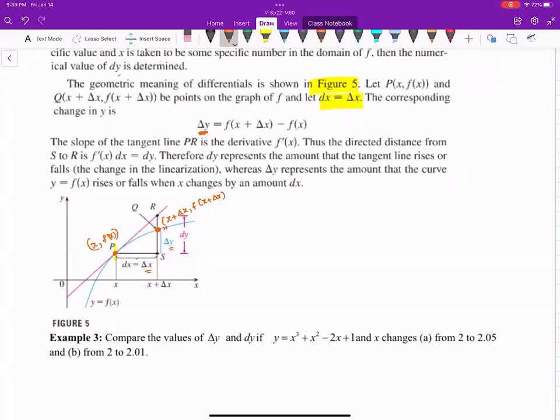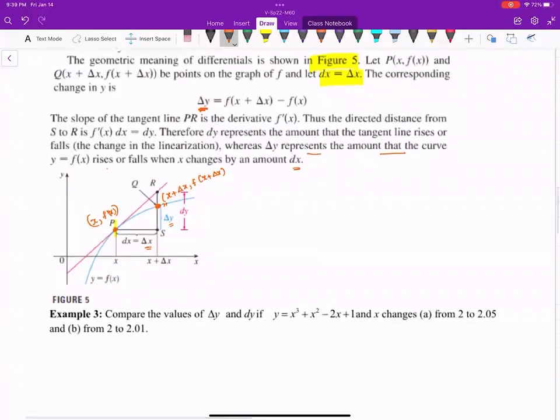Now you're moving to the right by delta x units and you reach the point S, and then you move upward to get the y coordinate of the point Q. So delta y is the rise of the curve above the point P. Delta y represents the amount that the curve rises or falls when x changes by an amount dx. We are assuming delta x and dx are the same.